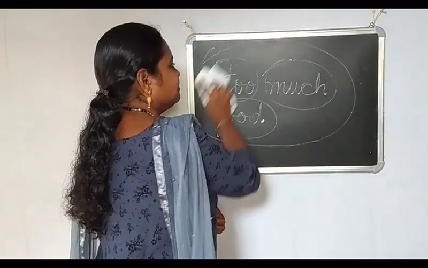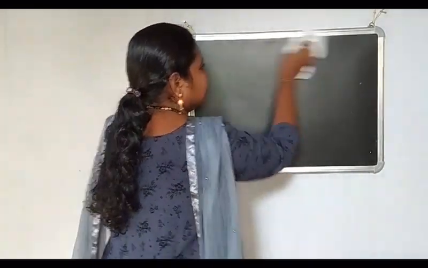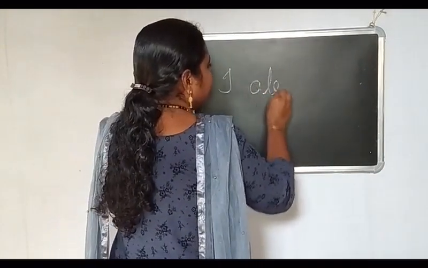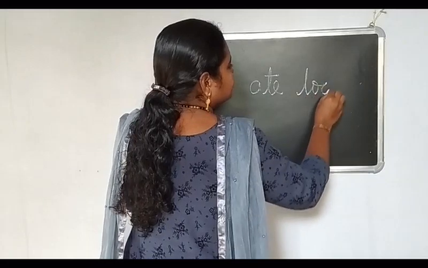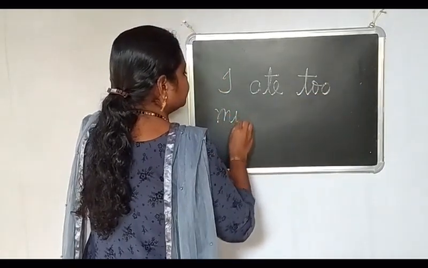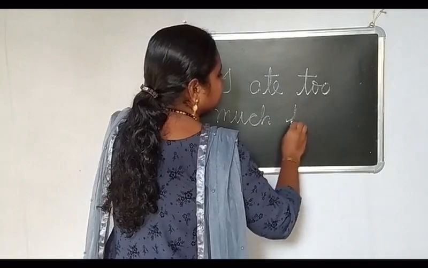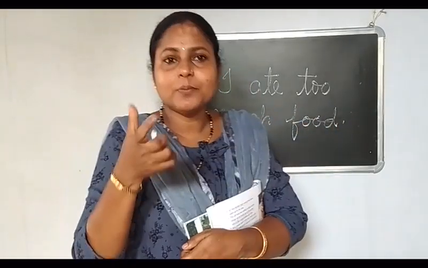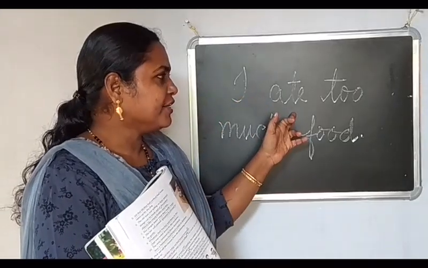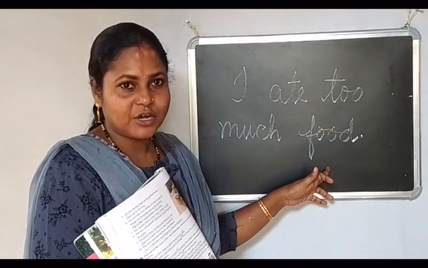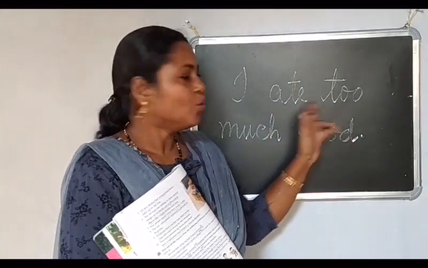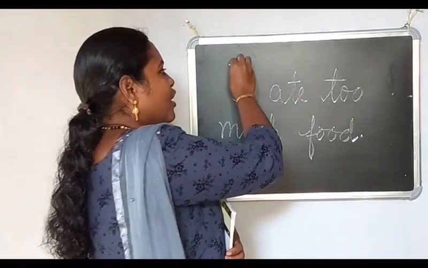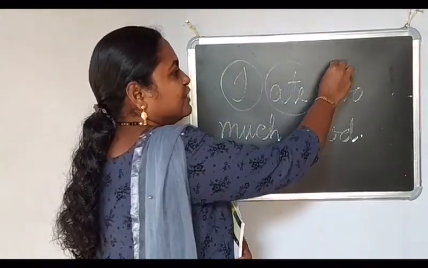You can see. I ate too much food. Here you can see there are 5 different words.